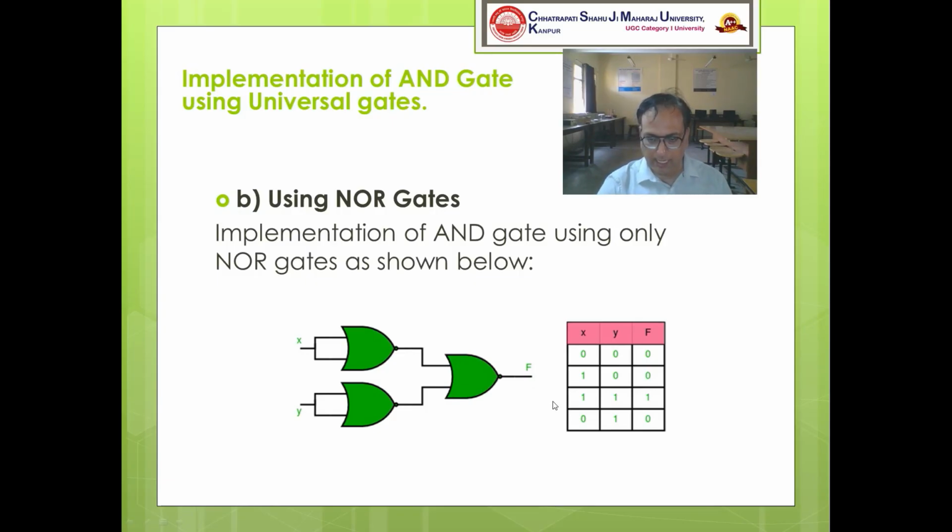Now let us see the third row. X is 1 and Y is 1. Both inputs are 1 over here, so you will get 0, and both inputs are 1 over here, so you will get 0 again. These 0 and 0 to the third NOR gate will give you output 1.